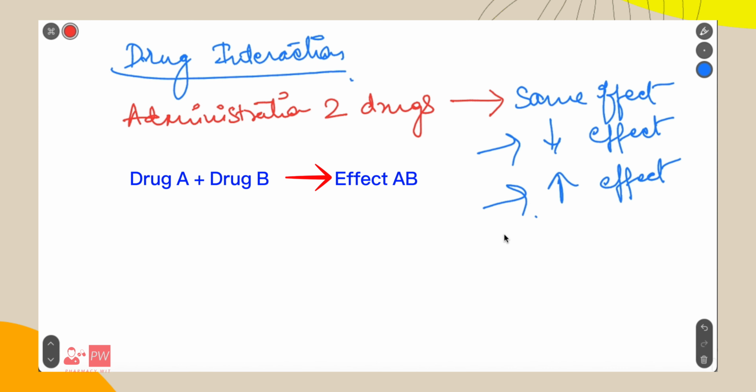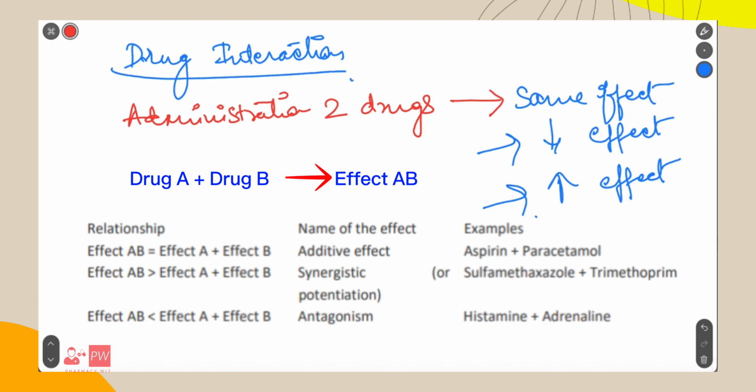You can see the table here. The left hand side shows the combination of drug A and B relationship and the effect of both drugs and the name of that effect, and the next column is the examples which show this effect.